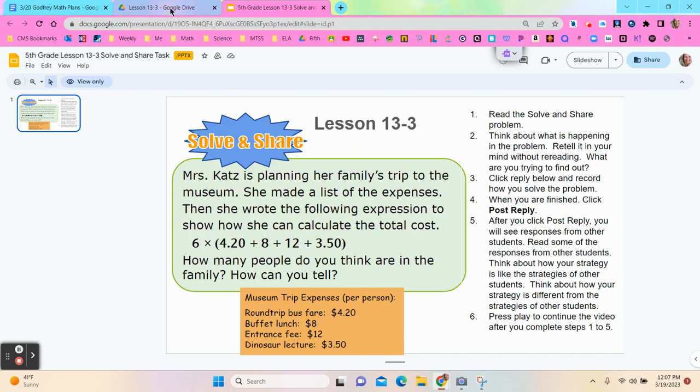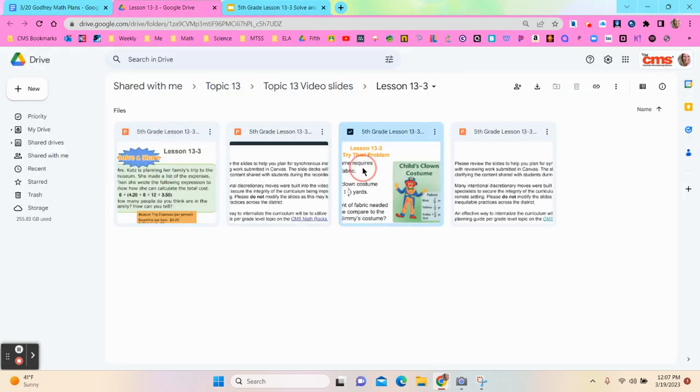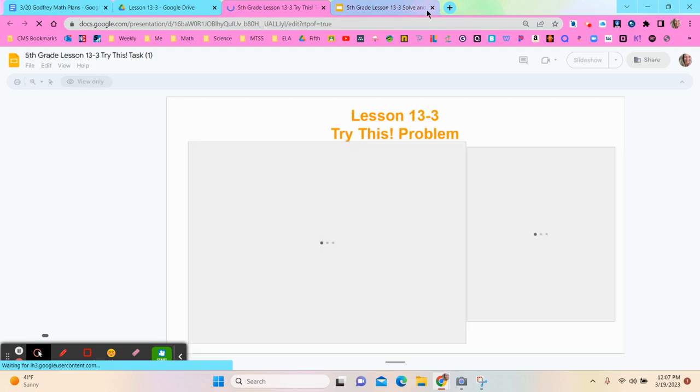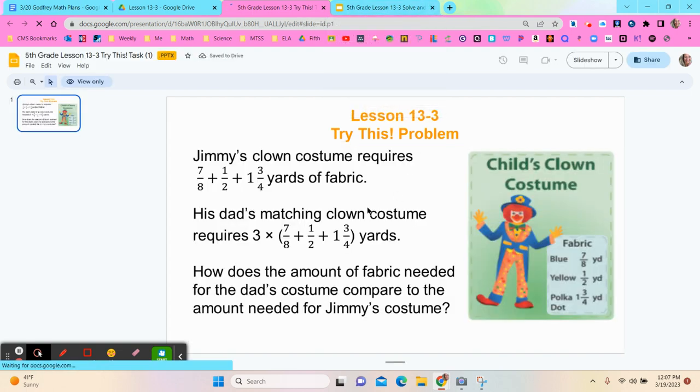All right, let's try this one. It says, Jimmy's clown costume requires 7/8 plus 1/2 plus 1 3/4 yards of fabric. His dad's matching clown costume requires 3 times this same thing as Jimmy, so 3 times as much.